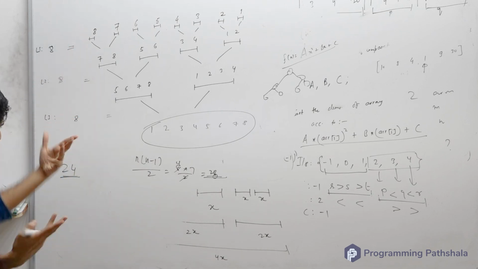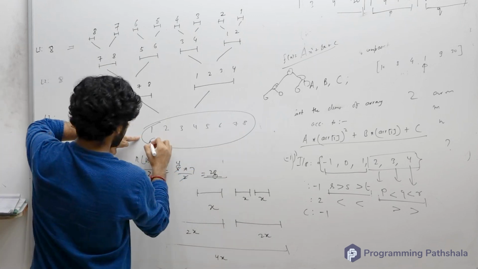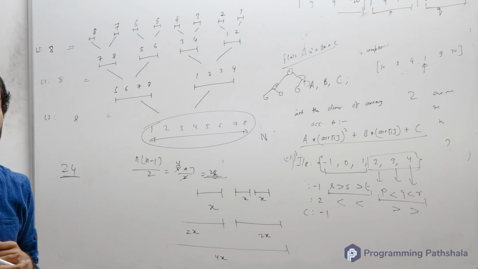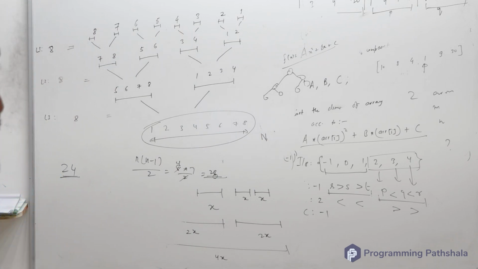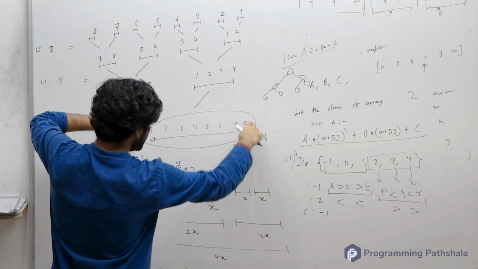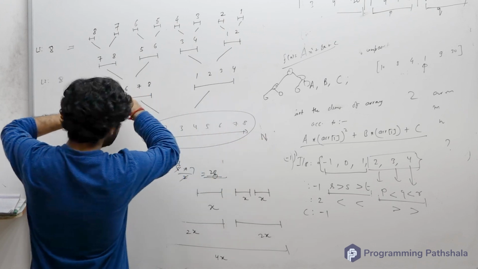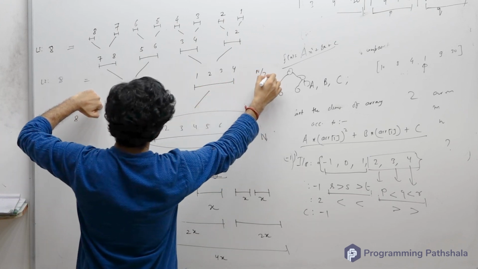So what is the height of this tree? How many levels are there? In short, if the number of elements is n, how many levels are there? Log n levels. And how can I say log n levels? Because in this level, the number of elements in every subarray is n. In this level, it is n by 2.